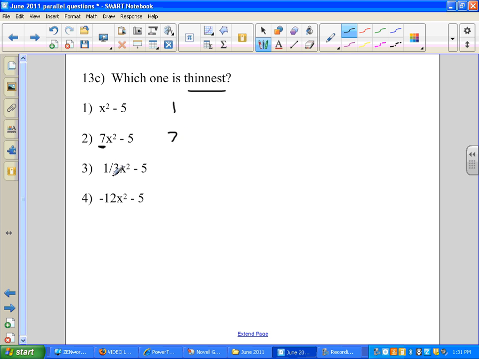The absolute value of 1/3 is 1/3. The absolute value of negative 12 is 12. Which one is farthest away from 0? 12. So that's why that's our answer. If you're confused because I'm talking too fast, just hit pause, rewind it a little bit, listen to it again, or ask me in class.